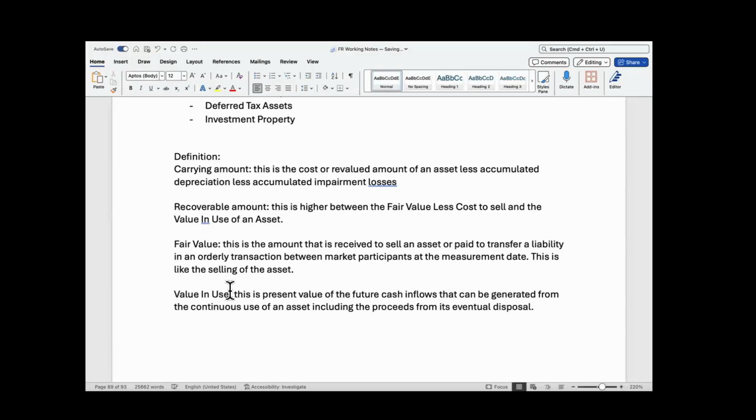That is value in use, the PV of future cash flows, right?